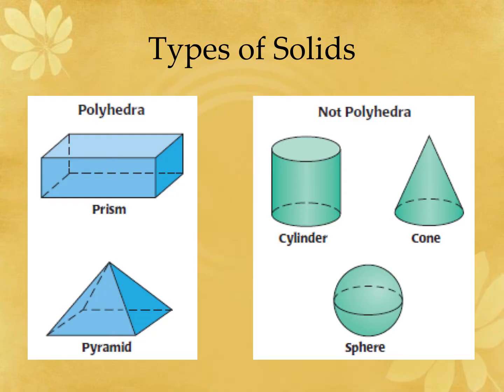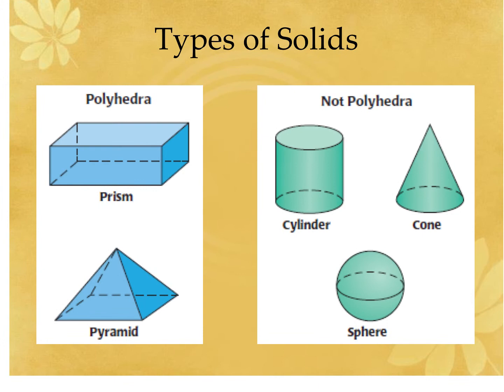These are different types of solids. Over on the left side in blue, those are examples of polyhedra. The two examples we're going to talk about are prisms and pyramids. We're going to see coming up in the slides that to name a prism, whatever shape is on the base, that's the type of prism you have.